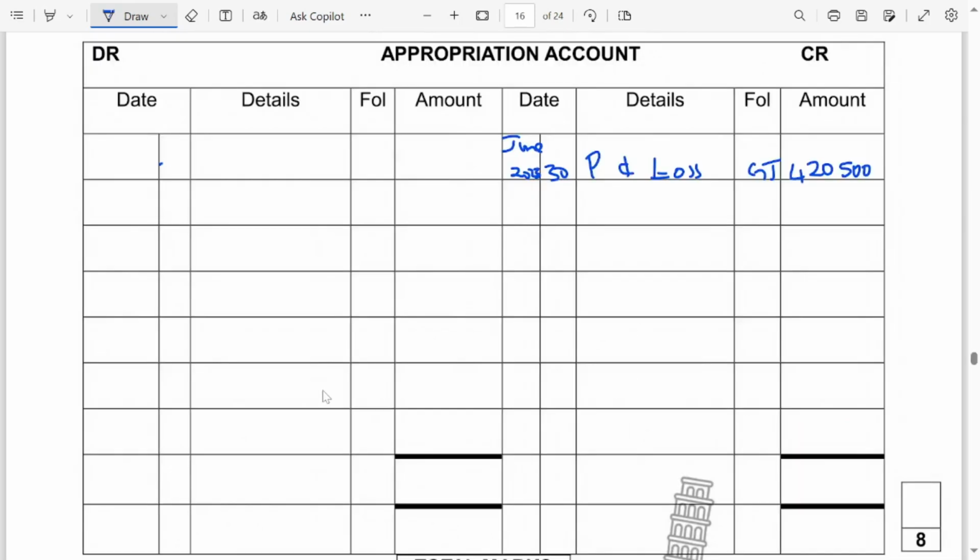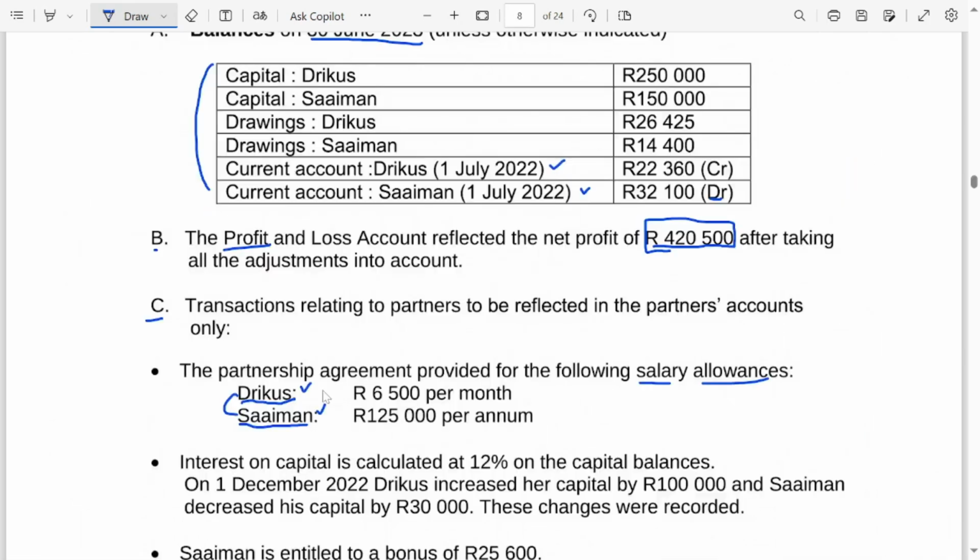This is 3rd June 2023. Salary, Dracos. Then we have salary, Seaman. Right? So we want the salary of the whole year.